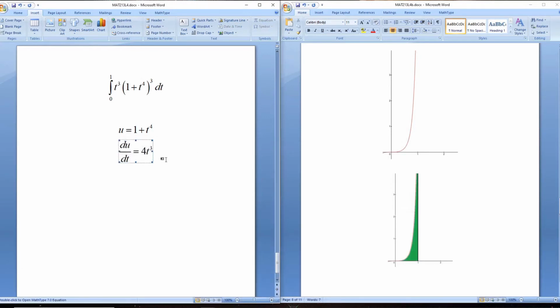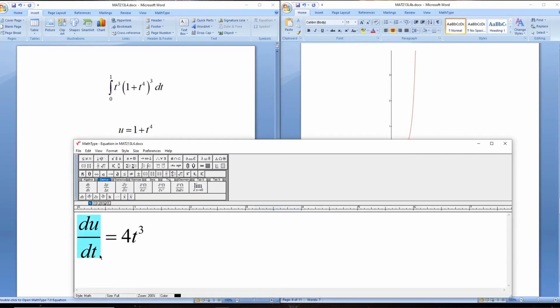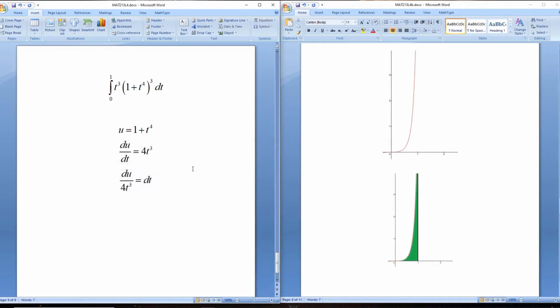And remember, with the derivative, we then use that to solve for dt. And then we'll divide both sides by the 4t cubed. And we have our expression for dt.